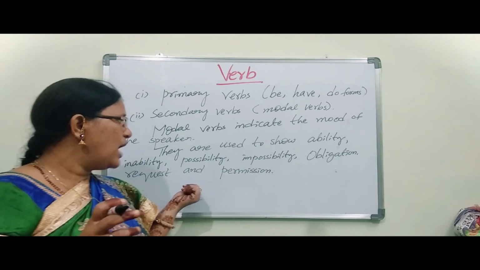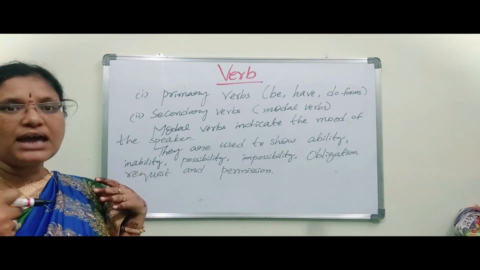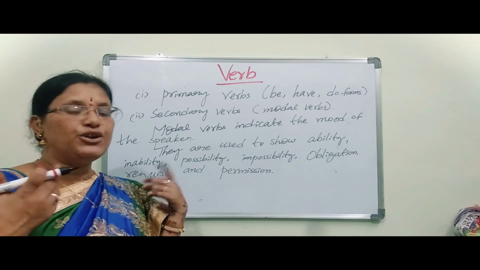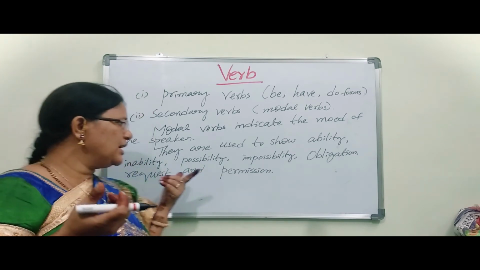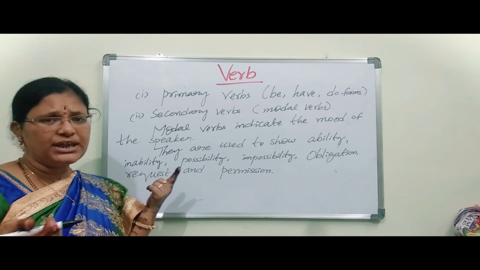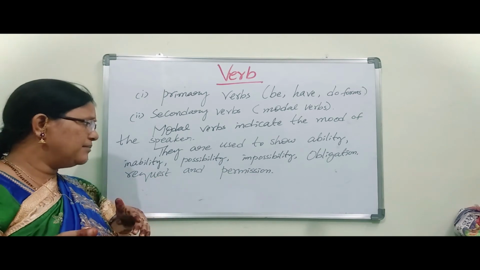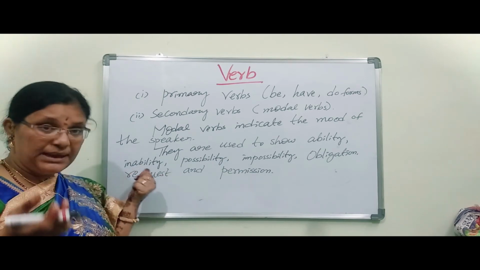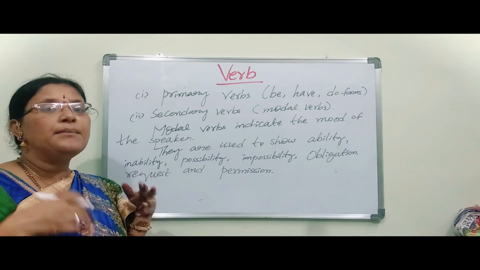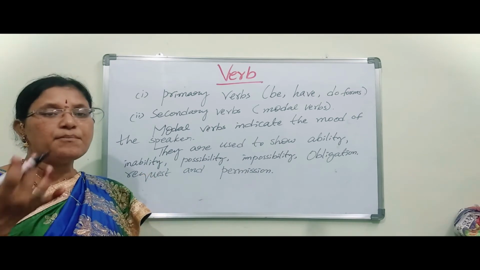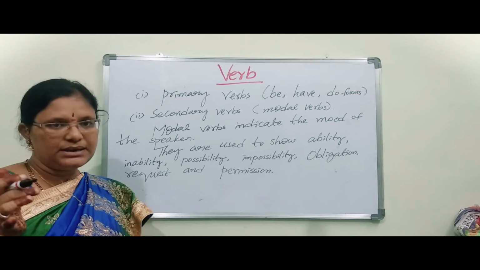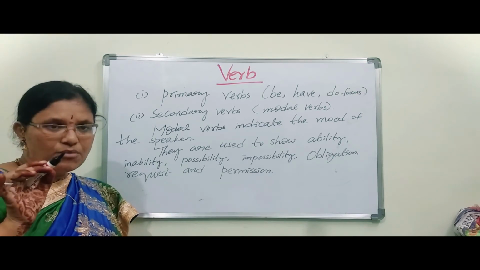Suppose I can do it. Here we are saying I can do that work, so we are showing his ability. He may come. Means there is a possibility here. May means possibility, so may is a modal verb.